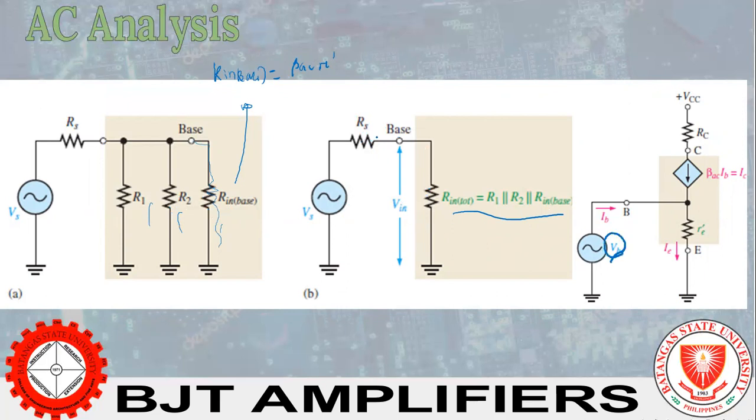So, pag nag-VB tayo, so, voltage divider lang siya. Okay, so, voltage divider natin, yung para makakuha tayo ng base voltage, AC base voltage. So, ang formula natin for this is, ang kukuhanan natin is R in total over yung RS natin plus R in total.